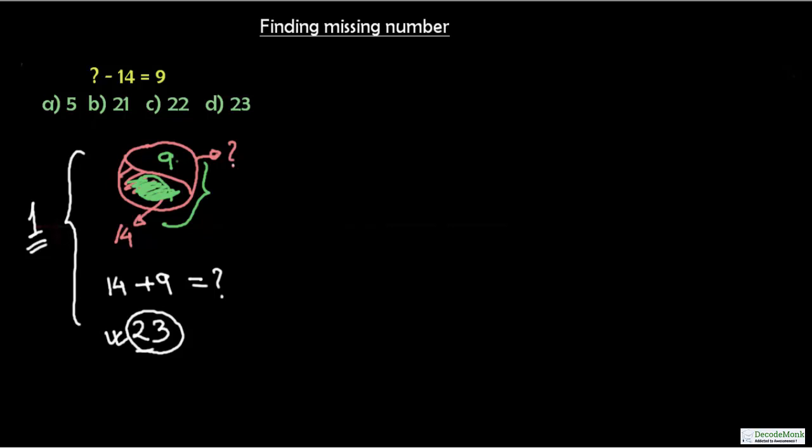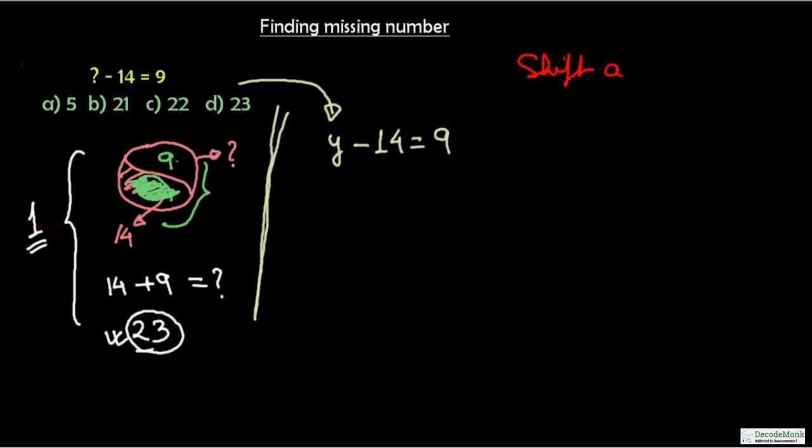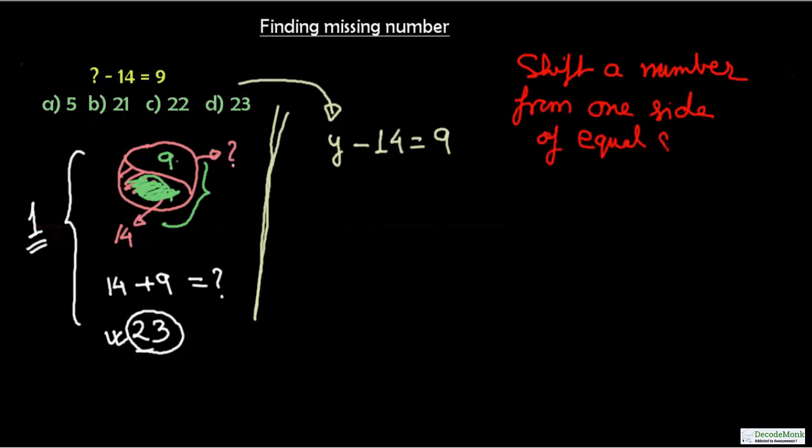Let me discuss another way how you can solve this particular question without having to infer this pictorially. Let us represent this missing number or the question mark by the English alphabet y: y minus 14 equal to 9. As already known to us, if you shift a number from one side of the equal sign to another side, its sign changes.